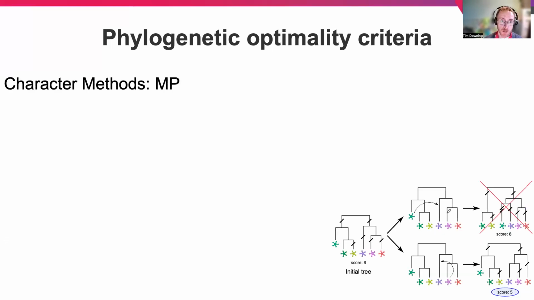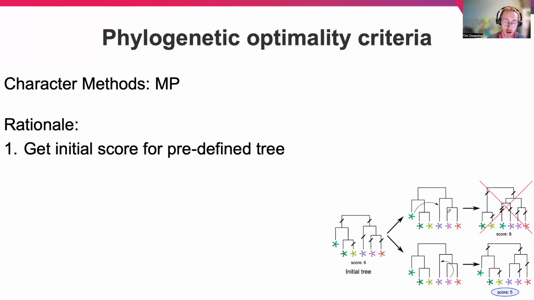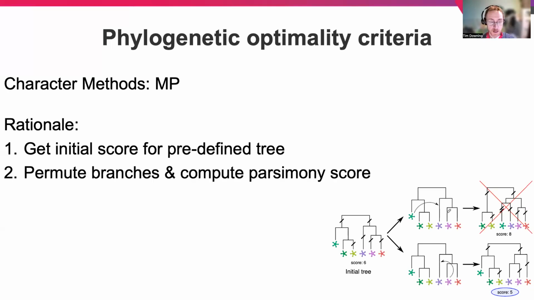So what we might do is create a quick tree at the start. Sometimes you can have a predefined user tree as input to guide that. It computes the different branches and computes the parsimony score based on that. So it tries different trees and sees how many substitutions are present across these different trees, and then reconfigures this, and ignores ones where they have extra mutations, or tries to minimize that number of mutations.